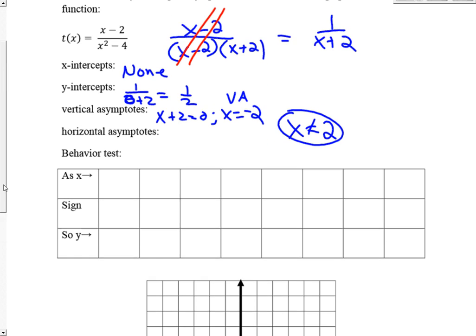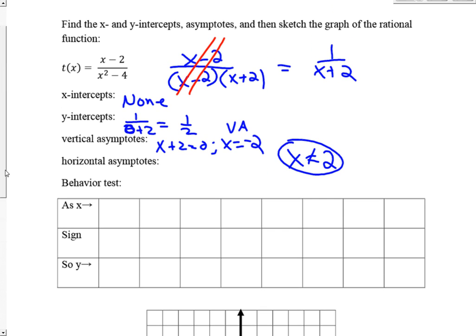And then our horizontal asymptote, what is the degree of the numerator? 0. If there's no x's, there's no degree. So the degree is 0. And what's the degree here? 1. Okay, so the numerator is smaller than the denominator. So we're going to have y equals 0 for our horizontal asymptote.